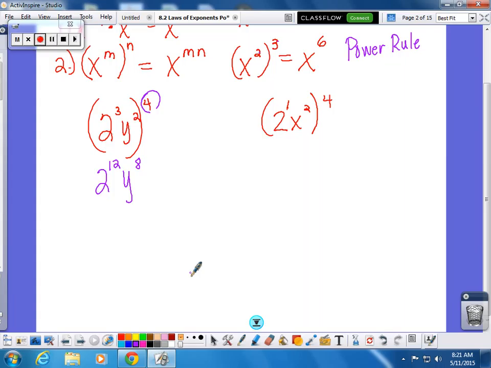Double that to get 2 to the 8th, 256. Double that to get 2 to the 9th, and double that to get 2 to the 10th, 1024. Double that to get 2 to the 11th, 2048. Double that to get 2 to the 12th, 4096. That's good.